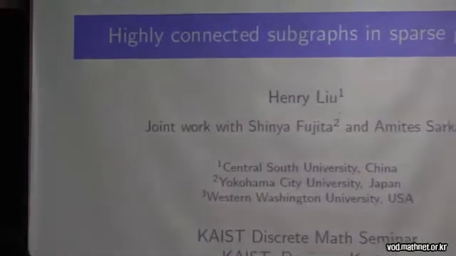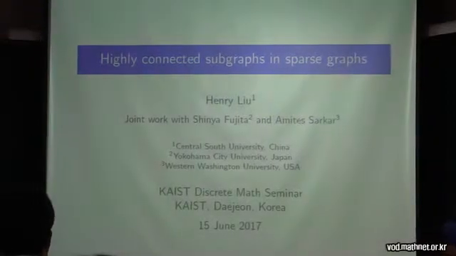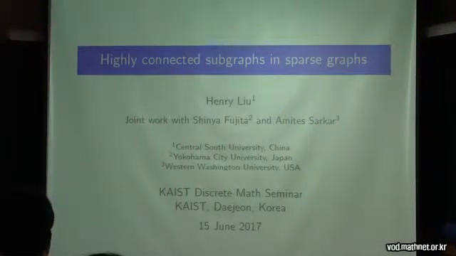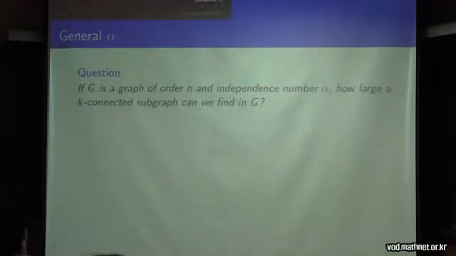My co-authors are Sunil Fujita and Amita Saka. The problem is about finding large, highly connected subgraphs when we know some condition about the sparseness of the host graph. So here's the question: if I have a graph of order n and independence number alpha, then how large a k-connected subgraph can I find in G?